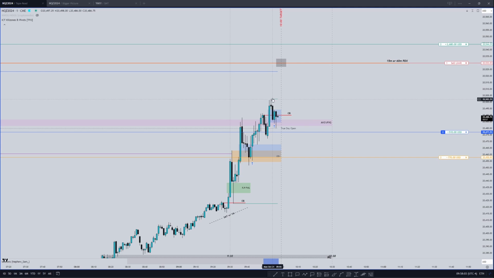I also want to see once we take out this short-term high, I would imagine we get some speed in price. Now, this is not a limit.